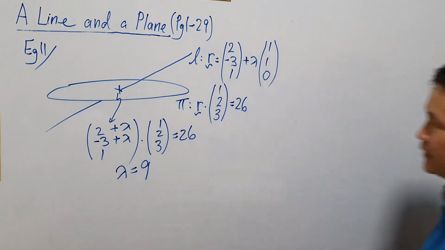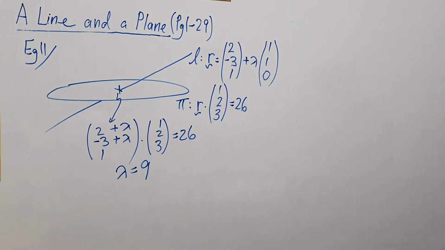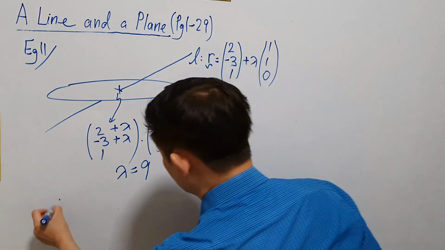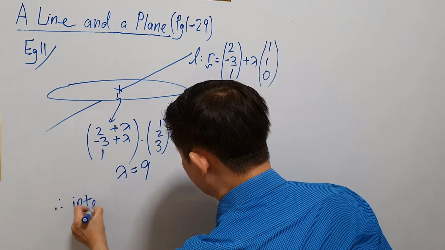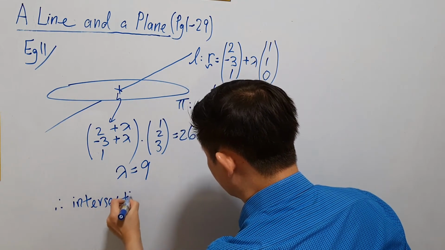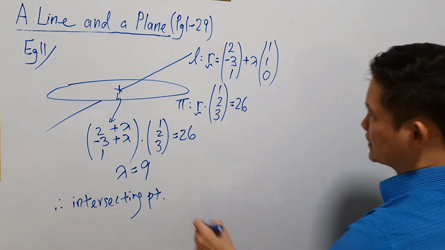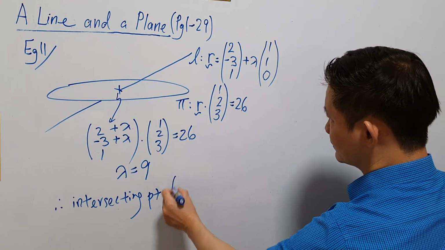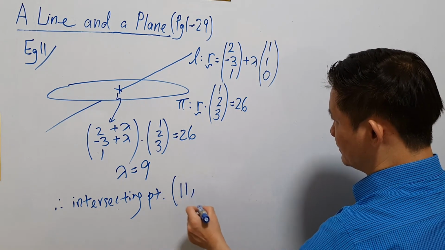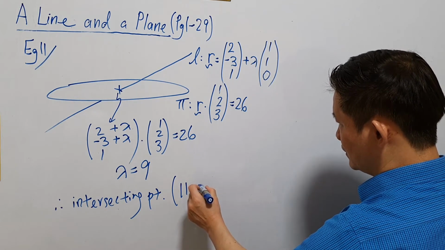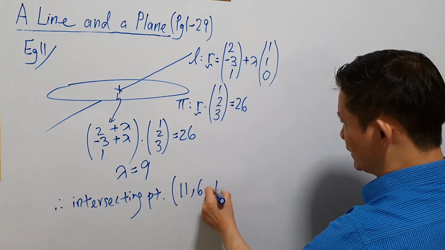Okay, check my arithmetic. So if lambda is 9, therefore the intersecting point, what's the intersecting point? The intersecting point would be (11, 6, 1).